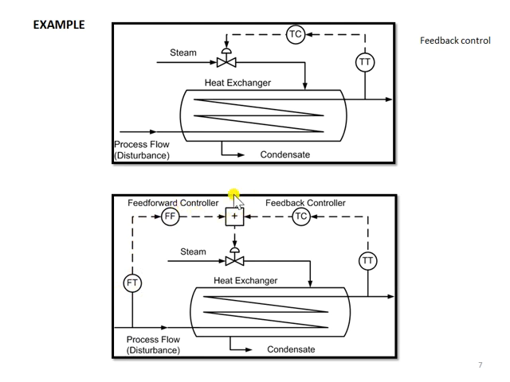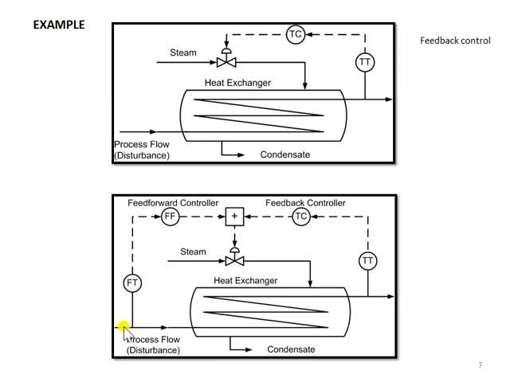And then we have a summing controller over here, which consolidates the feedback control signal and also the feedforward control signal. So now the temperature of the heat exchanger is regulated by monitoring the output temperature and also the disturbance, which is the process flow rate.